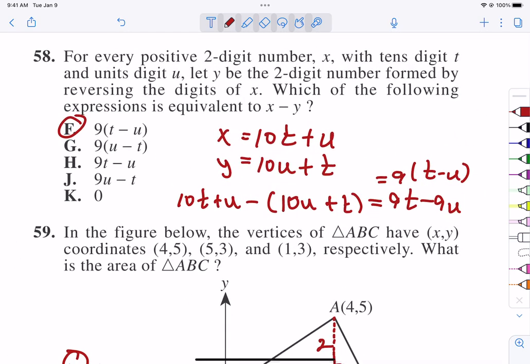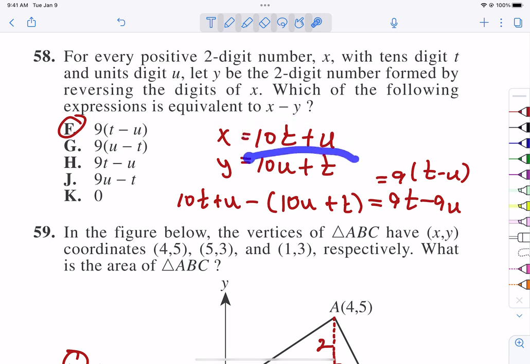The answer to 58 is F. Now let's talk about why. If you think about the value of a number, if a 2-digit number has a T in the tens place, then its value would be 10 times that digit plus U. So that is a number that looks like TU.